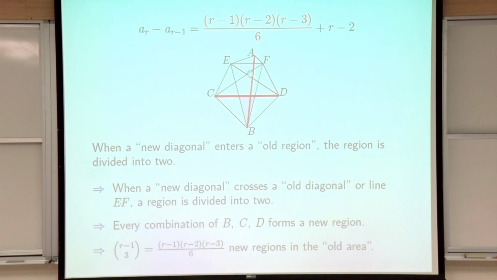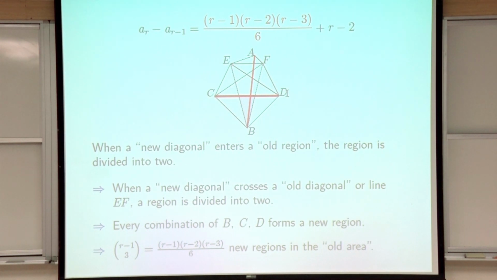First, we have to select one of the old vertices for A, B to end it, and then we choose the old diagonals. To continue, we can select any combination of B, C, D, and make the middle one the end of the new diagonal, and the first one and last one the old diagonals.